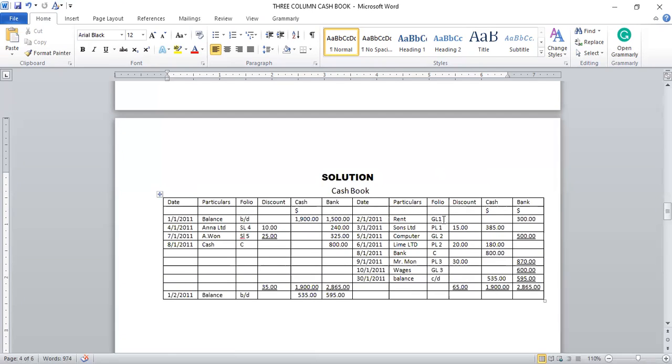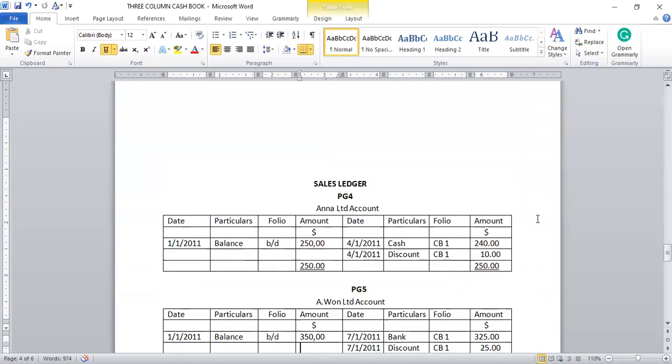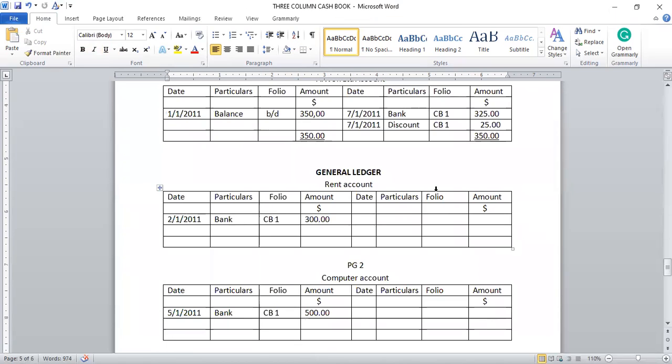Folio, assume the rent account can be filed in general ledger page 1, and the bank account will be credited with $300. So when we go to the general ledger, the corresponding entry will be to debit the rent account. So we come to the rent account, it's debited. 2nd January 2011, particulars bank, folio, cash book page 1, and the rent account has been debited with $300.